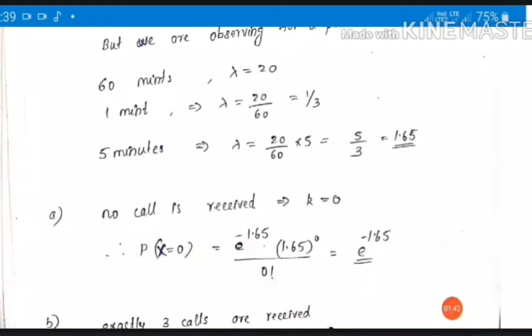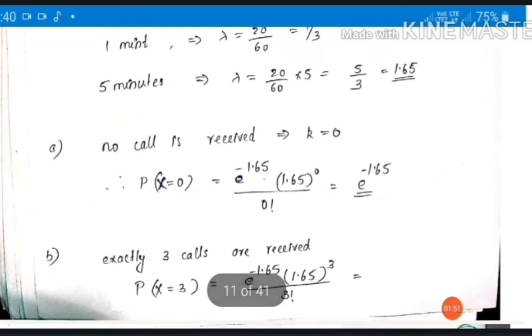Now we have to find option A. No calls is received, that is k equal to 0. So k will be the varying factor. P of X equal to 0 will be e raised to minus 1.65 into 1.65 raised to 0 divided by 0 factorial, which is eventually e raised to minus 1.65.